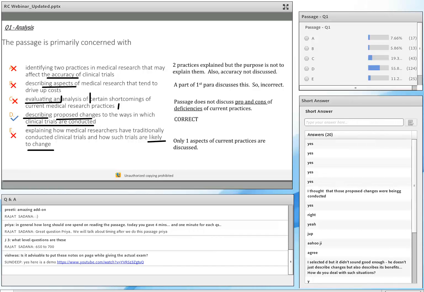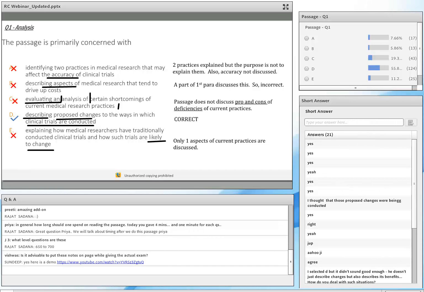Now he describes the proposed changes. That's a good point. Describing the proposed changes, the benefits are a part of the description. Why? Because whenever you propose a change, you justify why. So that's the description part of it. Look at it as a manager creating this report for a director.